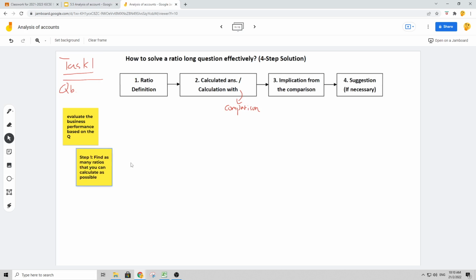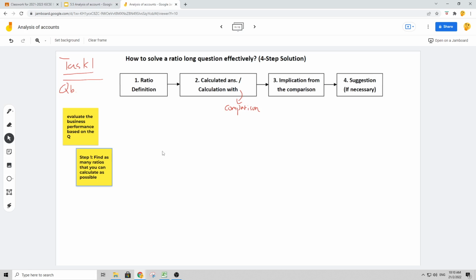When you look at our question here, because I have given you the guidelines, when you look at all the data together, you should be able to find three ratios that you can perform, which we did last week: the current ratio, the quick ratio, and also the return on capital employed. And that is where we're going to start our evaluation.